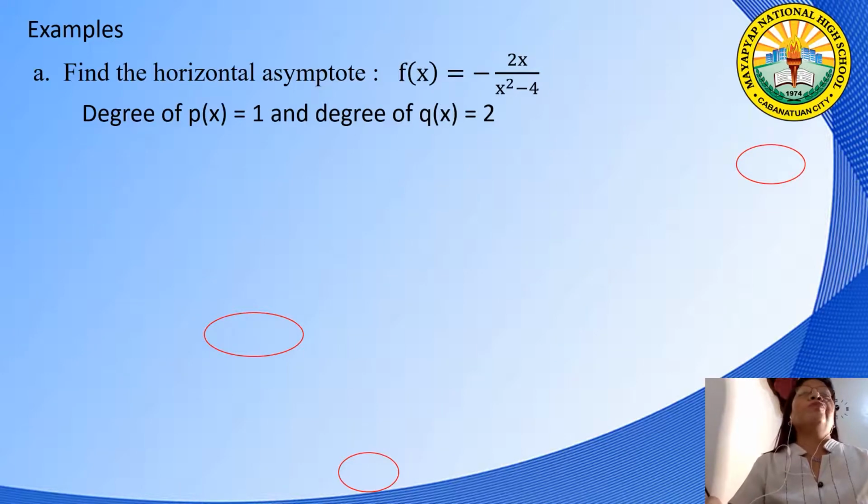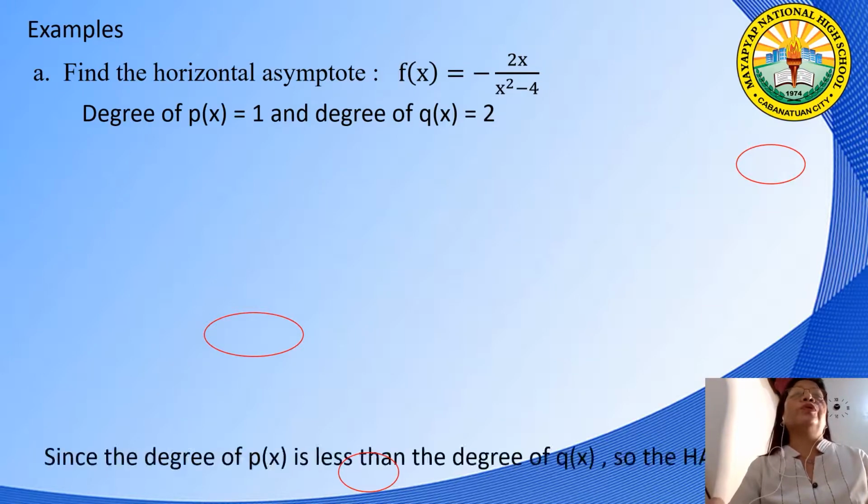For p of x, the exponent is 1, so it is not indicated. In mathematics or in algebra, there is no need to indicate 1 as an exponent. And for the q of x, the degree is 2 since the exponent of x is 2.